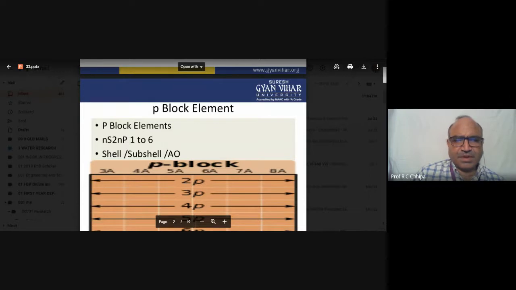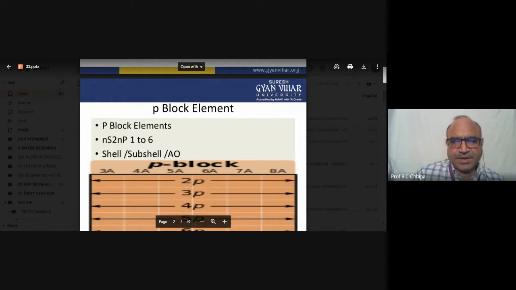The s block elements have the filling of electrons in the s atomic orbital, whereas the p block is the specific area related to electrons being filled in their respective p atomic orbitals.